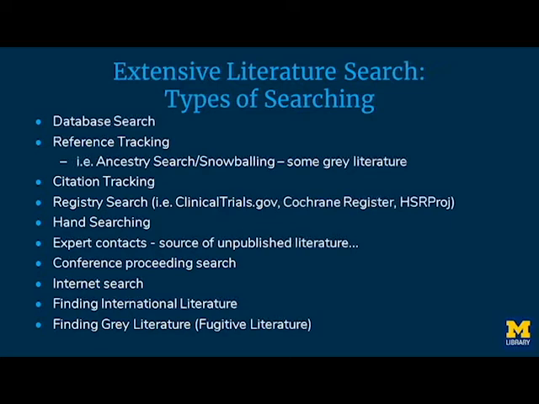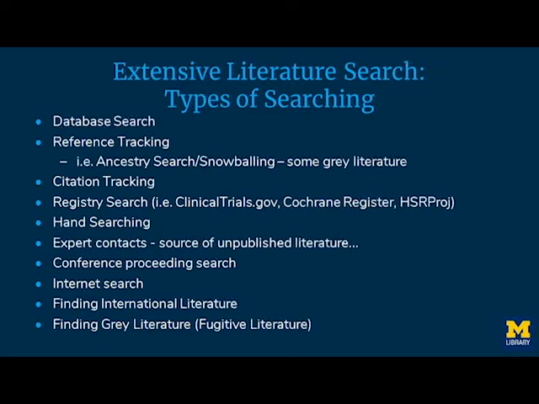Many of you have had a really good paper and flipped to the back and looked at the bibliography. That is called ancestry searching, because you are searching for the ancestors of that paper. It's also called snowballing, because the more articles you look at, the more you get.